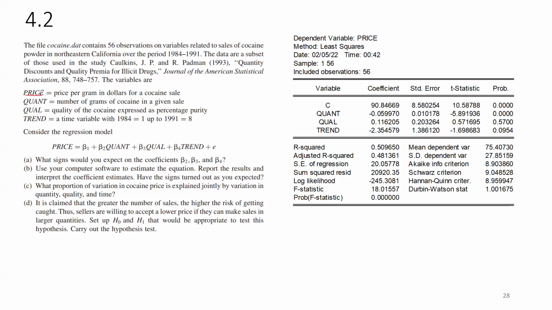The price of cocaine depends on quantity and quality of cocaine and time trend. A, what sign would you expect on the coefficients? Okay. B, using the computer. So this is like a solution. If you do it correctly, you will get the same printout as my PowerPoint.